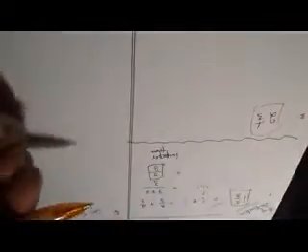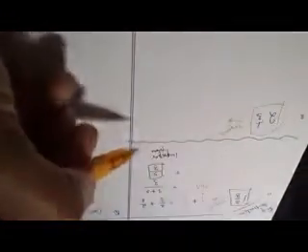How do I process this? Not too bad. If I expand this again using addition, what am I getting? 2. I have to add to it what? I have to add to this 1 out of what? 3.